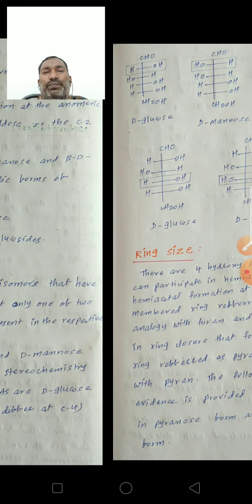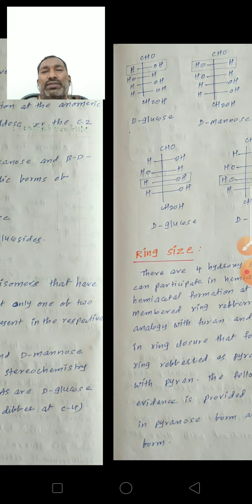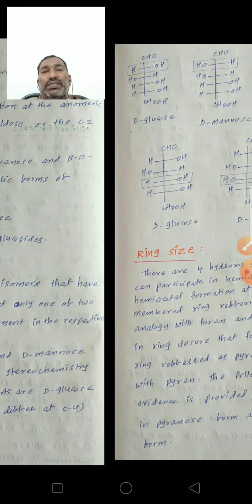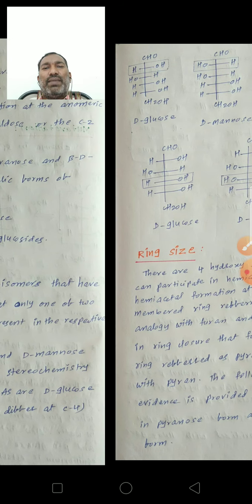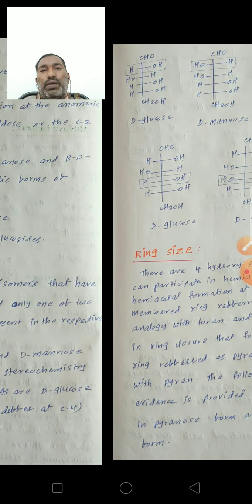So glucose and mannose differ at the C2 carbon only. In D-glucose the C2 OH is on the right side, in D-mannose the C2 OH is on the left side. So these are epimers.